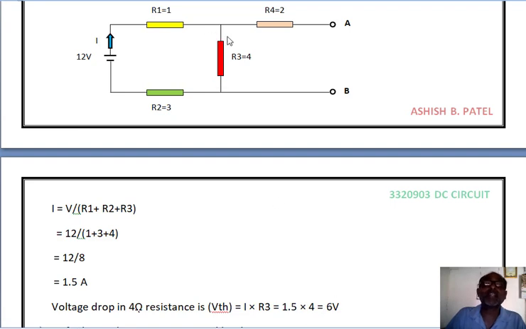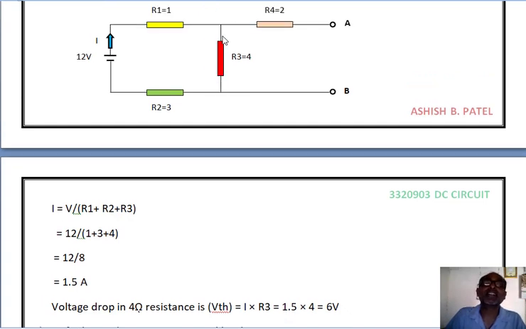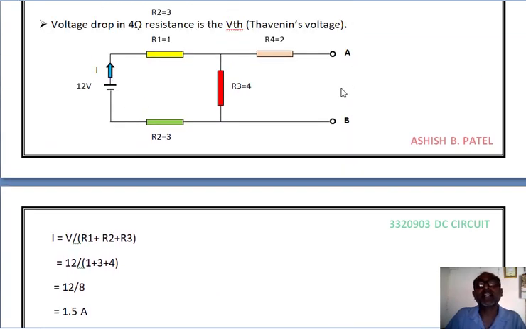So 6 volt is available across R3, and the same voltage will appear across terminal AB. So here we can say that VTH is equal to 6 volt.